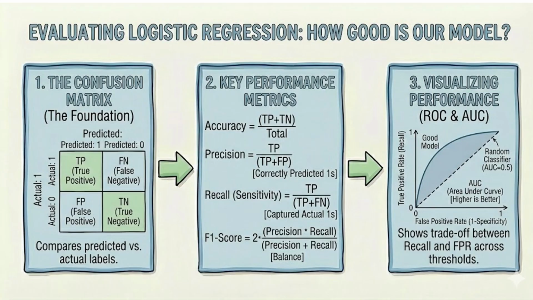First is the confusion matrix. The confusion matrix compares our predicted labels against the actual labels, showing true positives, false positives, etc. Then we have other metrics like accuracy, precision, recall, and F1 score. Precision and recall on this confusion matrix are a very important aspect of evaluation in machine learning, so maybe I can create a separate video for that if there is a requirement.